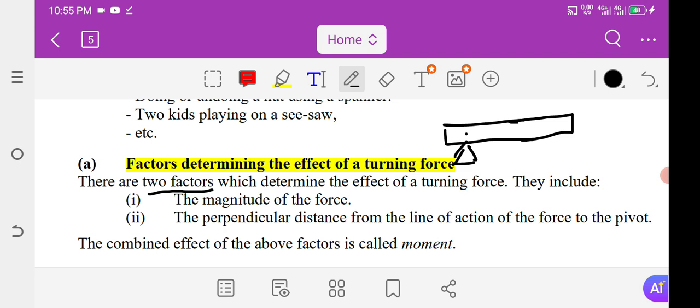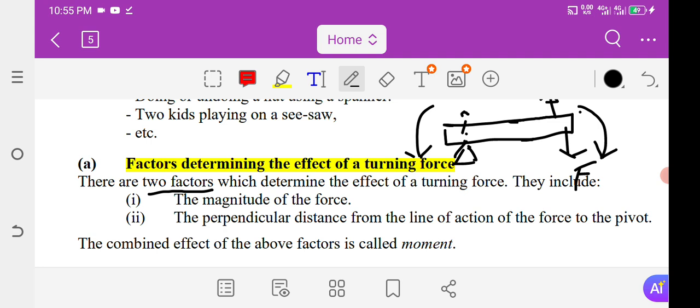To cause this to turn, a force needs to be applied, whether downwards or upwards. If a force is exerted downwards, it will cause this to turn in a clockwise direction, or if you push this up, it will turn in an anti-clockwise direction.